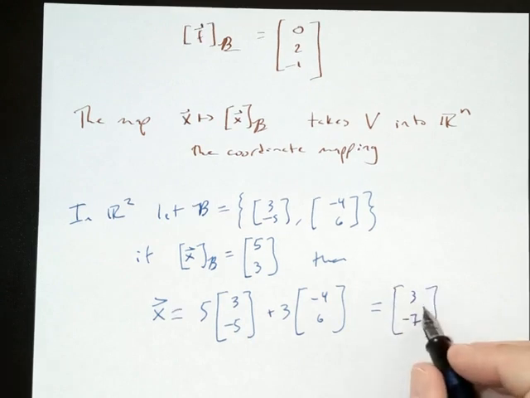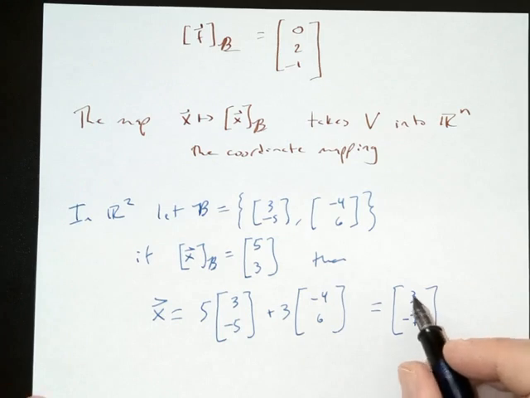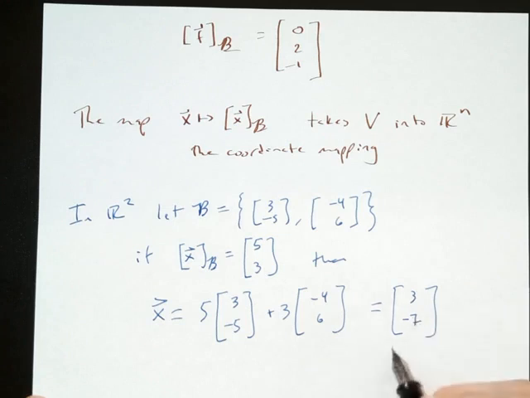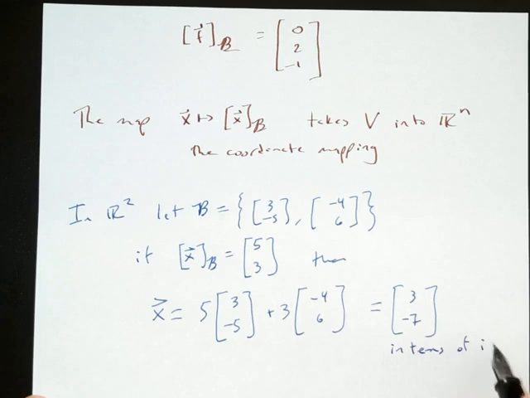This vector is in terms of the standard basis. This is 3 in the x direction minus 7 in the y direction. So this is in terms of I and j.